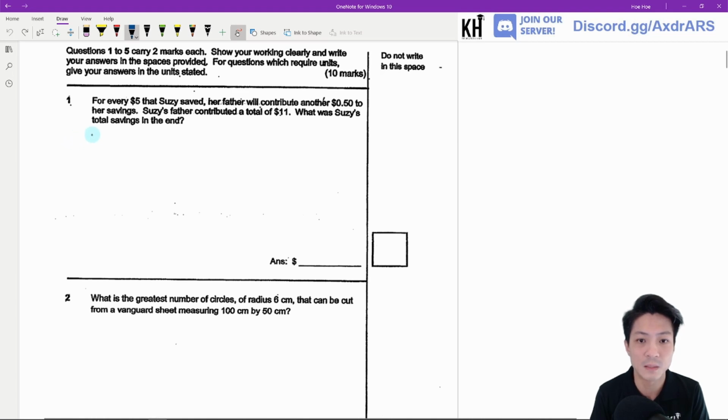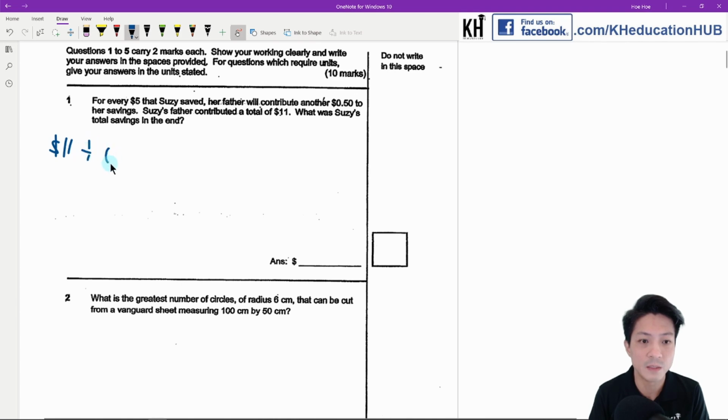So the first thing that we're gonna do is we're gonna use $11 and divide it by 0.50.